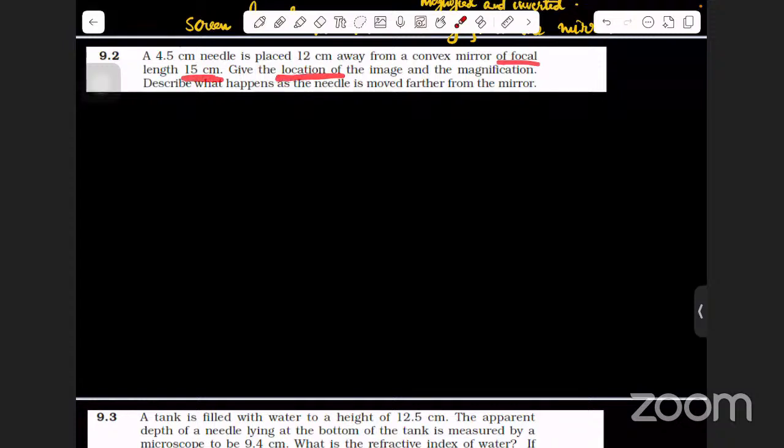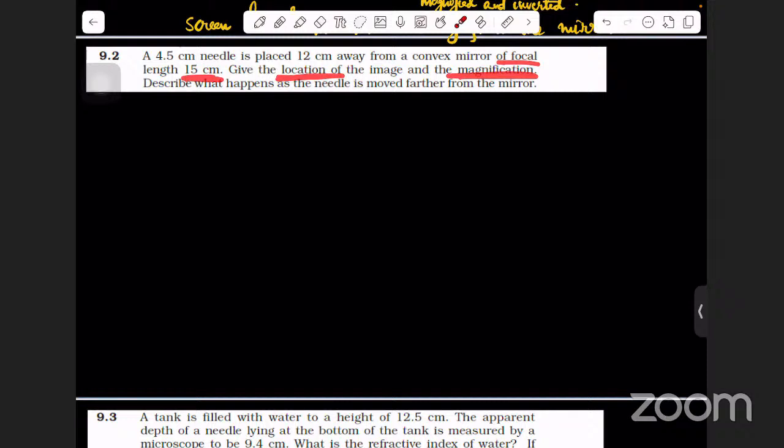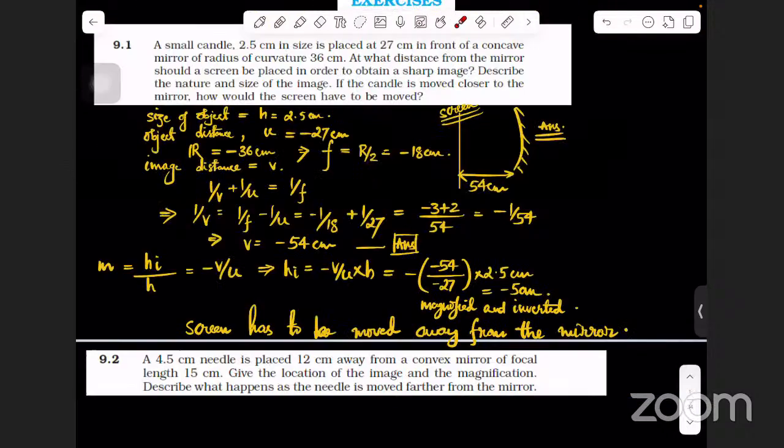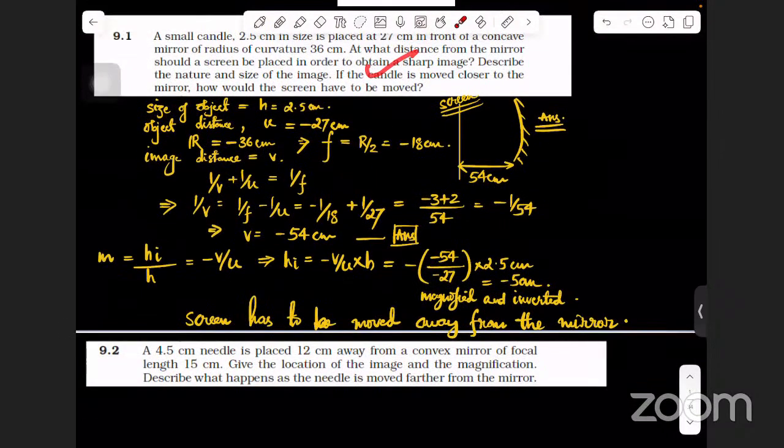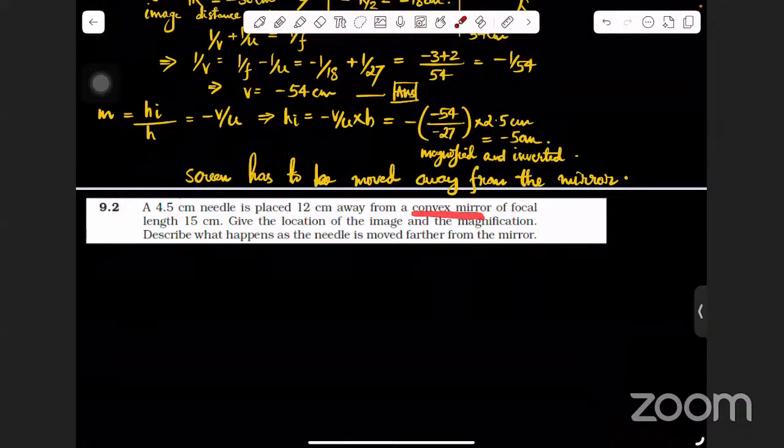Give the location of the image, the magnification, and what happens as the needle is moved farther from the mirror. Again, the same kind of question as the previous one. The only difference here is that this is a convex mirror. That's all. So let's approach this.